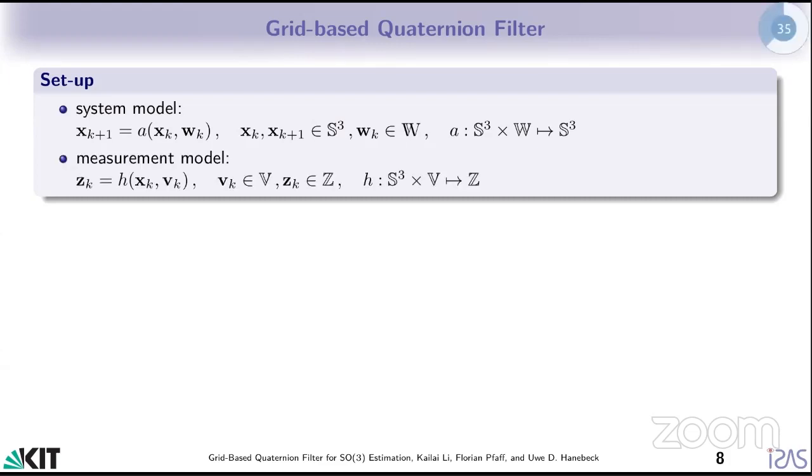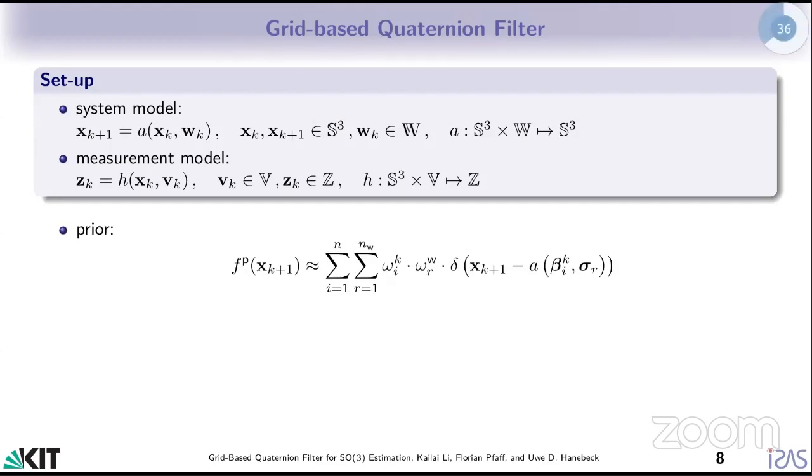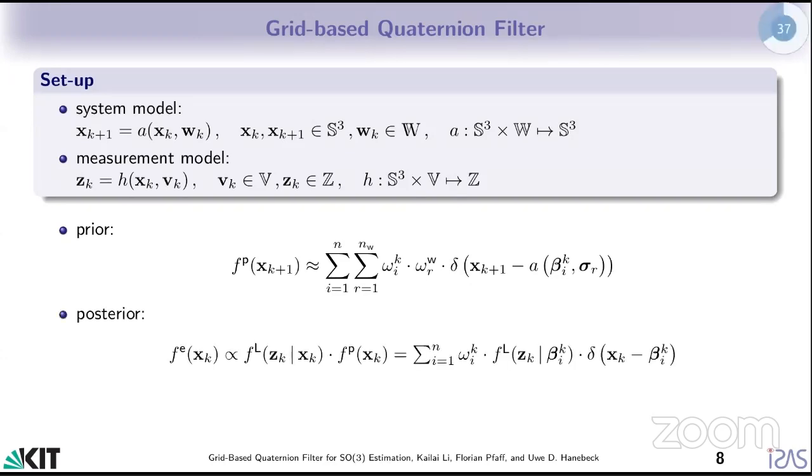The measurement model is also of generic form, with z and v denoting the measurement and measurement noise. The prior density can then be represented by a grid Dirac mixture with propagated weighting factors, and the posterior is obtained by updating the grid weights with the likelihood evaluated at each grid point.